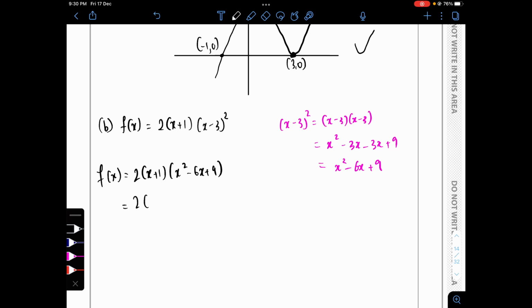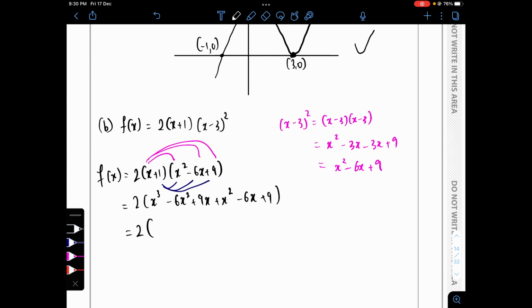Everything multiplied by x once: x cubed minus 6x squared plus 9x. And now we're doing everything multiplied by plus 1. So that'll be plus x squared minus 6x plus 9. And we're going to close the bracket.